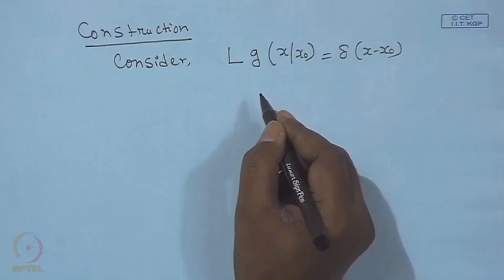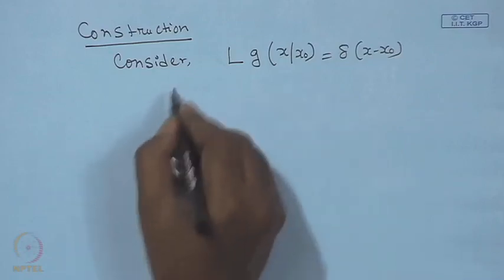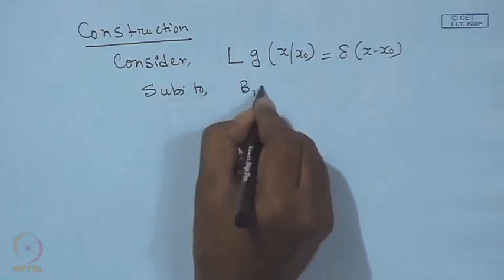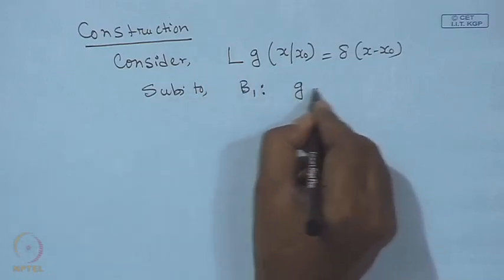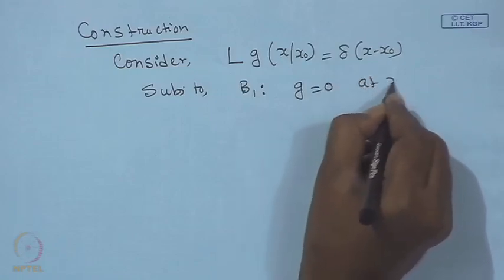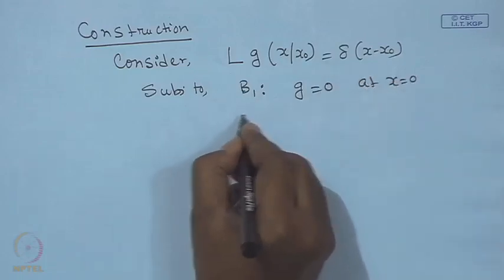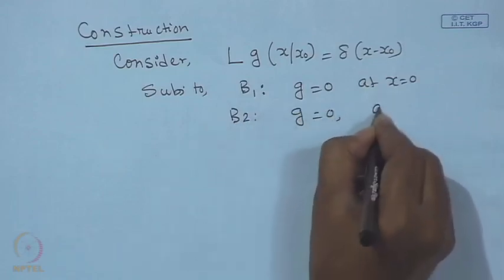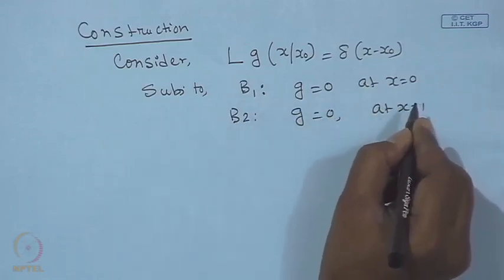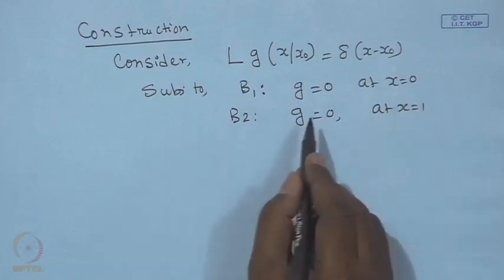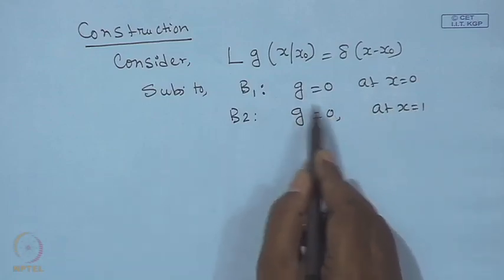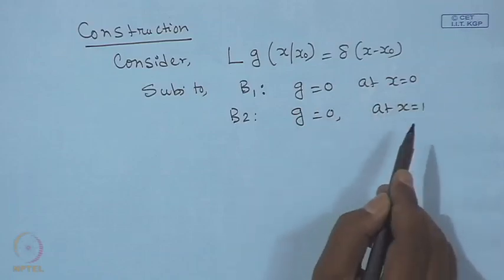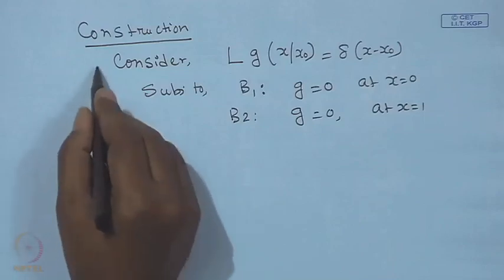L will be obtained from the actual problem L u is equal to F, subject to boundary condition B 1, G is equal to 0 at x is equal to 0, and boundary condition 2, that is G is equal to 0 at x is equal to 1. Now, we consider the actual problem having Dirichlet boundary conditions at x equal to 0 and x equal to 1. That means, what is the actual problem?